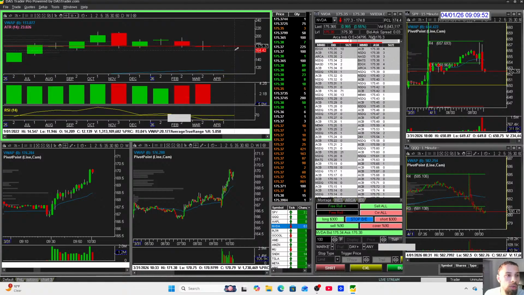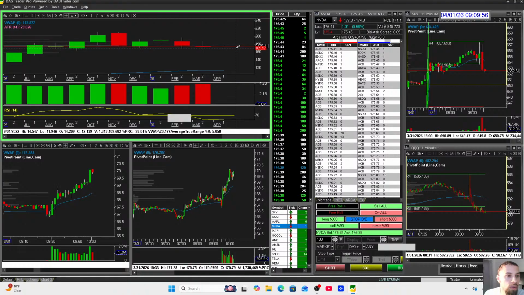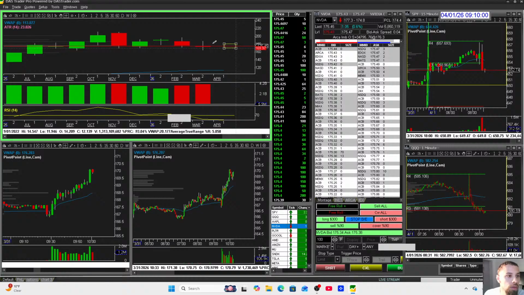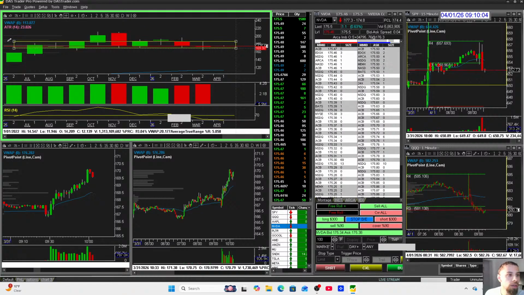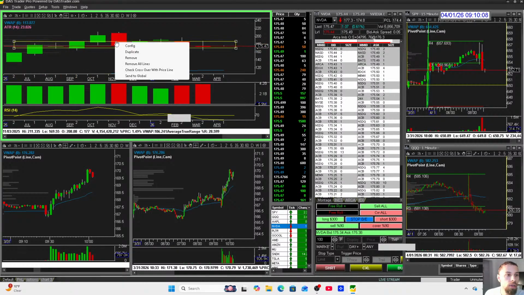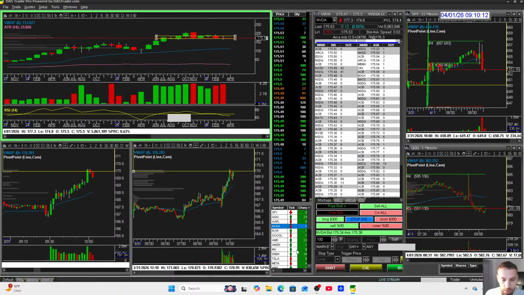Area of support here that I'm going to draw, quite a few touch points around this 169, 170 level. So we'll do 170 here. Area of resistance here, marking 187. It's a bit of a stretch, but again, we can adjust as needed.